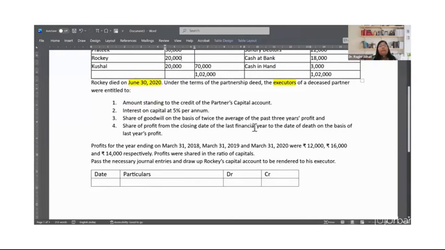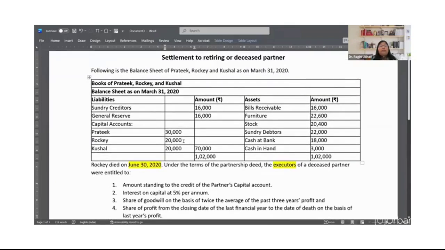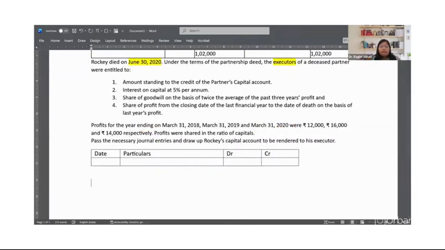Interest on capital at the rate of 5% per annum. Rocky's capital is 20,000. Let's make working notes simultaneously. The first thing we need to calculate is the interest on capital at the rate of 5%. This is 20,000 multiplied by 5 upon 12.